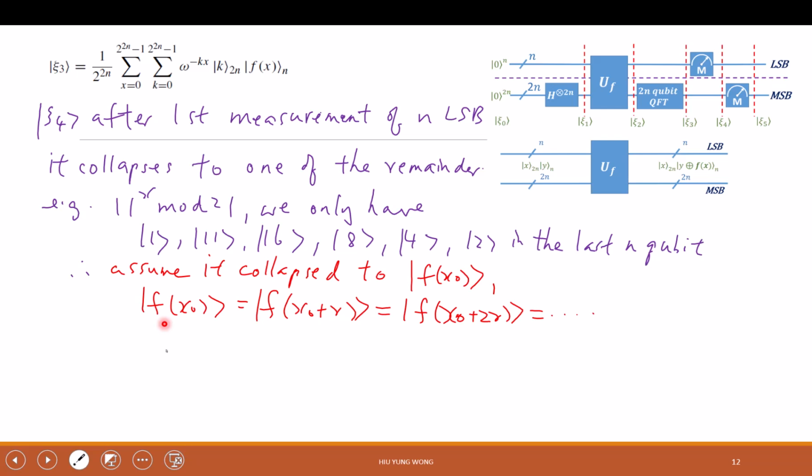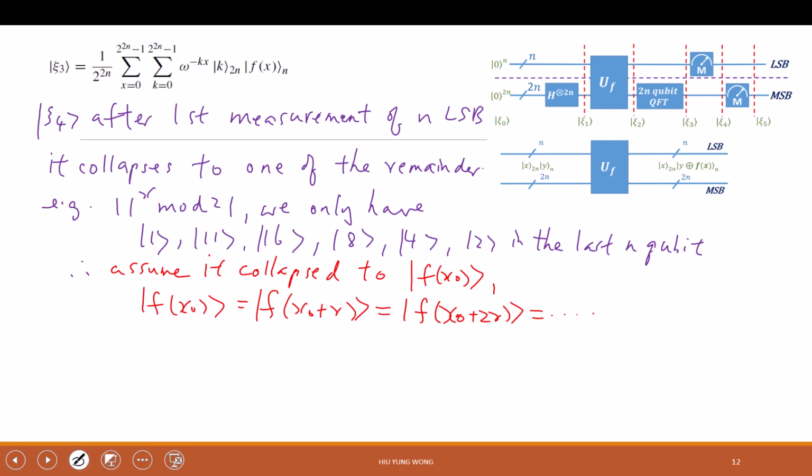So if you collapse to 1, then of course it's 1. However, this 1 is associated with an x. This x can be f of 0, can be f of 6, can be f of 12, because its period is 6, right?